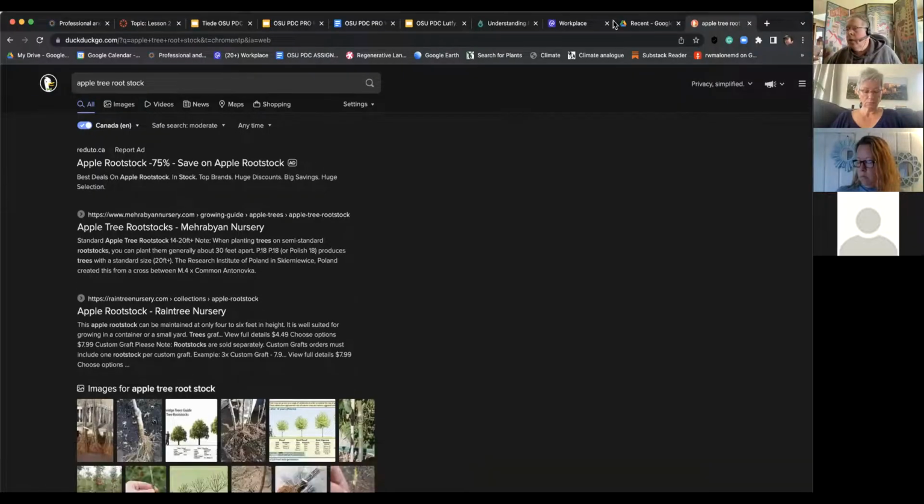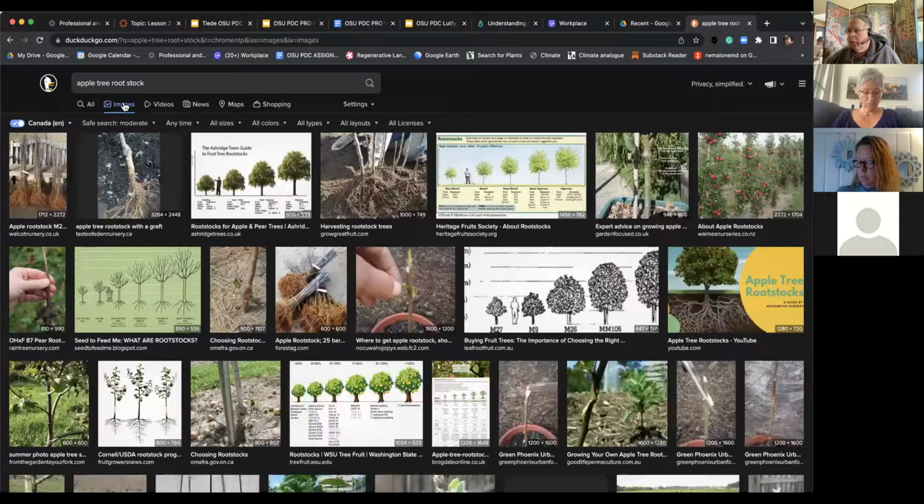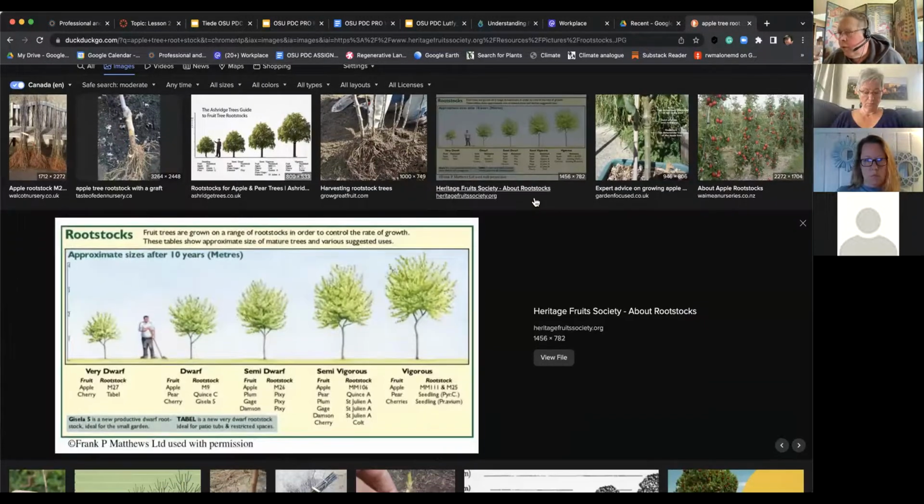Maybe we'll get lucky with this. There we go. That's a pretty good example. So we have very dwarf all the way up to vigorous, and these are terms that may not be consistent, but you get the idea.